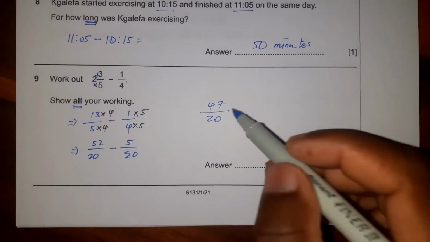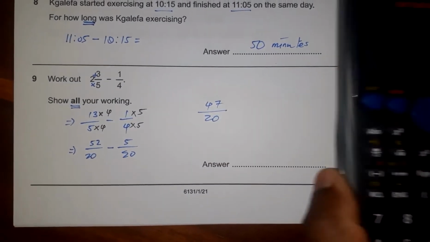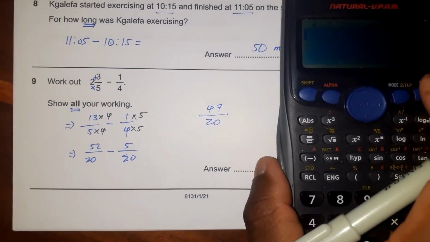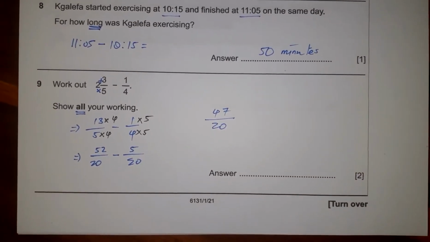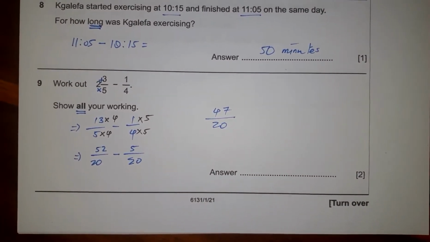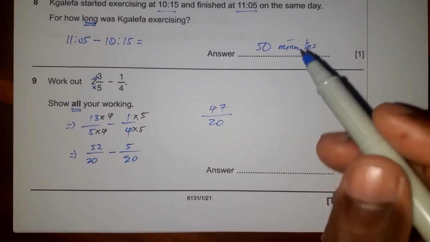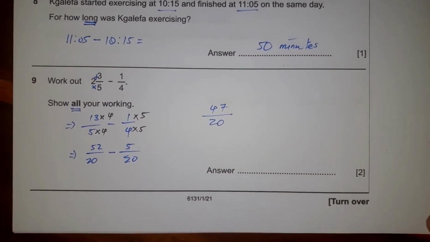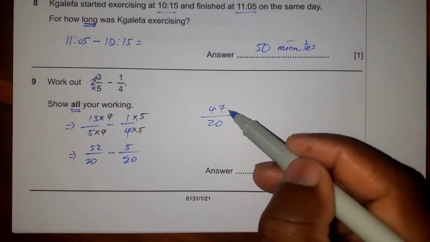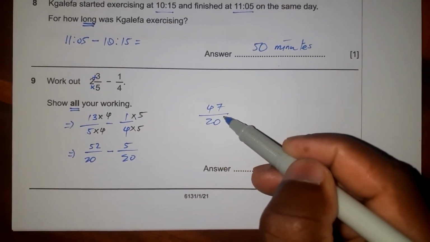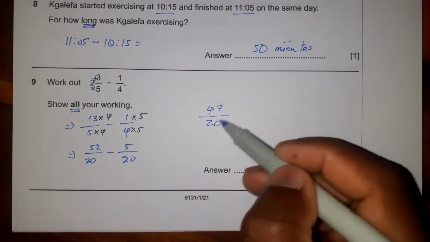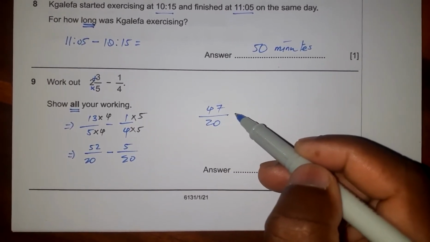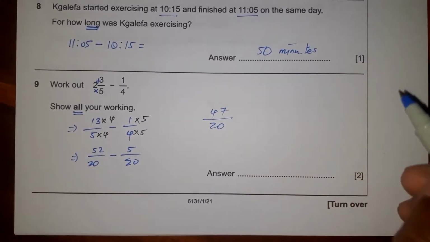So whenever you have your answer as a mixed number, write it as a mixed number. What did I say? Let me repeat what I said in case I made a mistake somewhere. If the answer that you are getting is an improper fraction, this is an improper fraction, therefore we have to convert it into a mixed number.